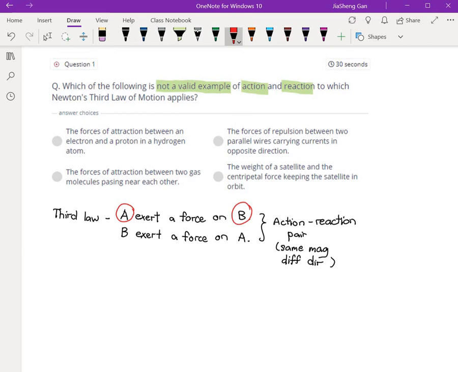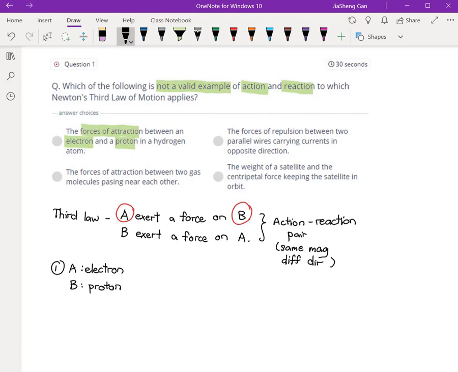For the answer choices, number 1 is the force of attraction between an electron and a proton. For option number 1, A will be your electron, whereas your B will probably be your proton, in a hydrogen atom.